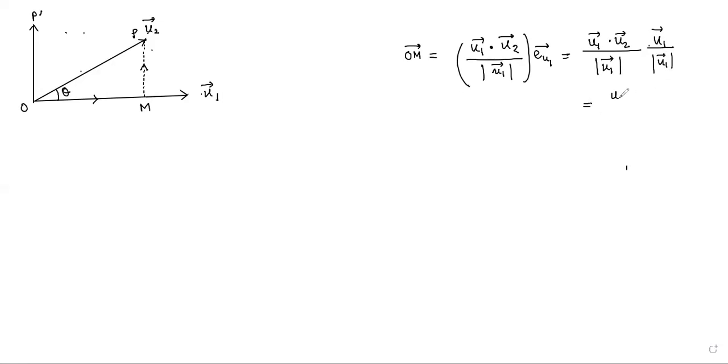And this I can write as U1 dot U2 divided by mod of U1 square into U1, or you can write it as U2 dot U1 divided by mod of U1 square into U1 vector, because A dot B is same as B dot A.